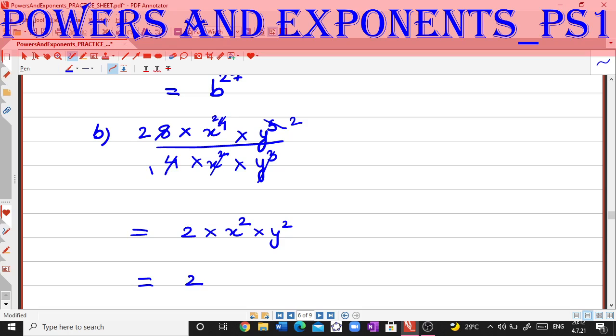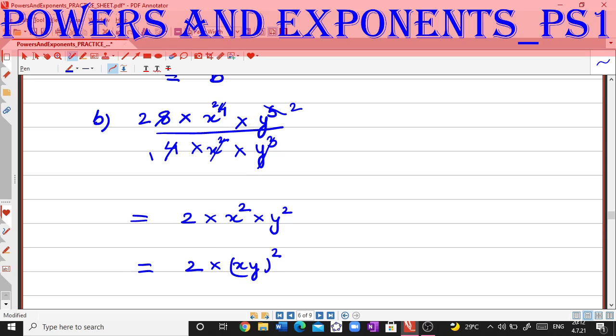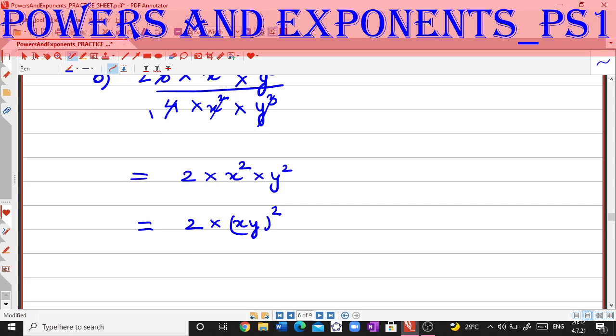Here the bases are different but the power is the same and the operation is multiplication. So you can write it like this, 2 times xy whole square. Or further, if you want to write them separately, you can write it like this also.